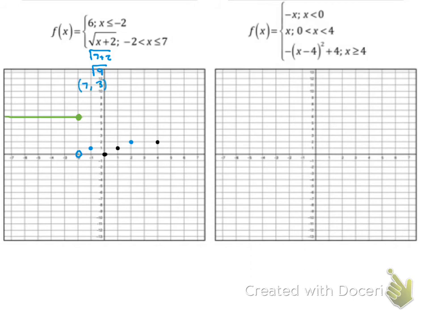So we know that at 7, we get 3. And then do we need an open circle or a closed circle there? Because it's less than or equal to 7, it's a closed circle. And we have enough information to draw our graph accurately. So there it is, existing between negative 2 and 7.